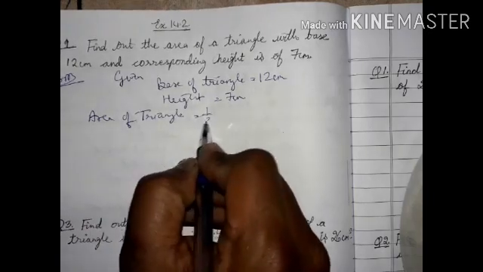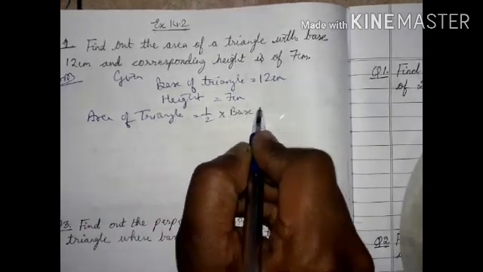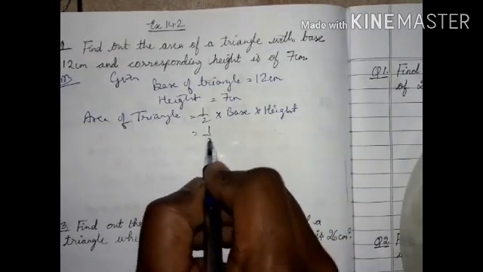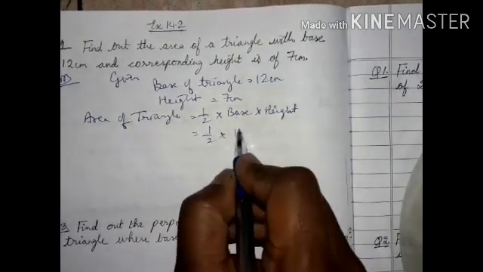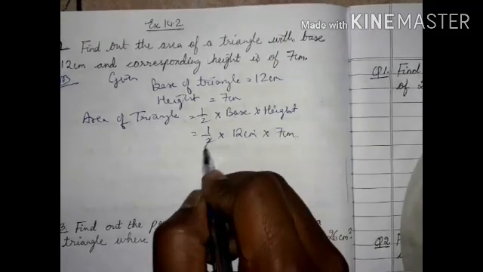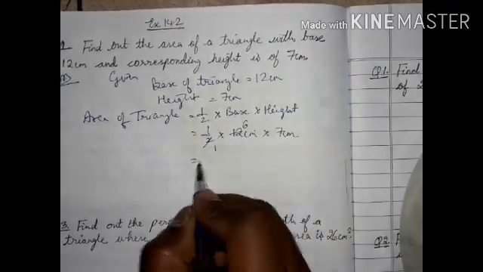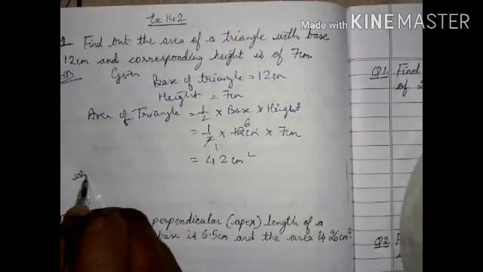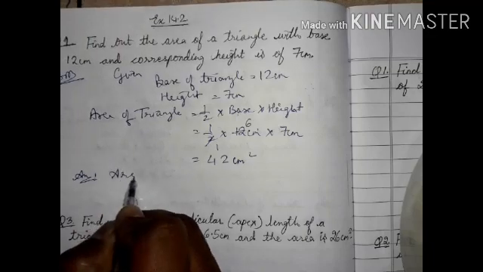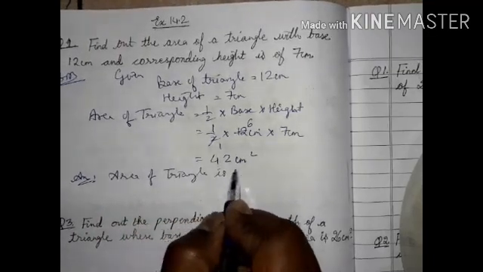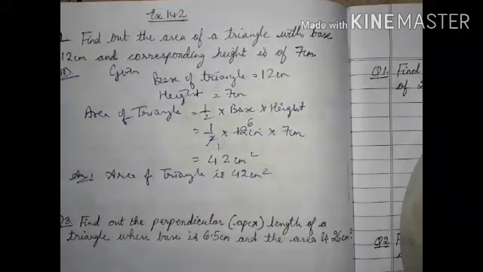The formula is half into base into height. So here half into, in the place of base 12 centimeter, into height 7 centimeter. 2 1s are 2, 2 6s are 12. So 6 7s are 42 centimeter square. So the right answer: area of triangle is 42 centimeter square.